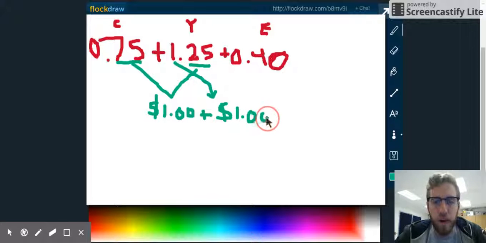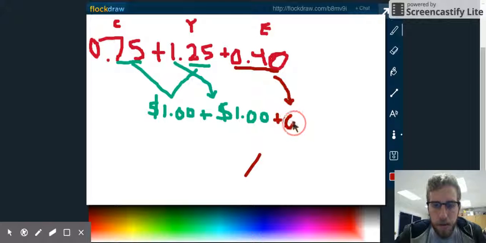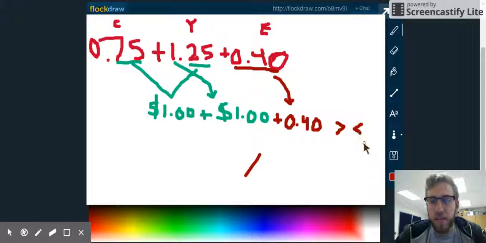We can see right now we have $1 plus $1, and we can't forget also that we've got these 40 cents here, plus 40 cents. It wants to know when we add these numbers up, are they going to be greater than or less than $2?